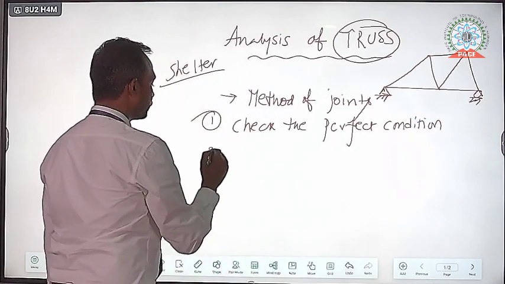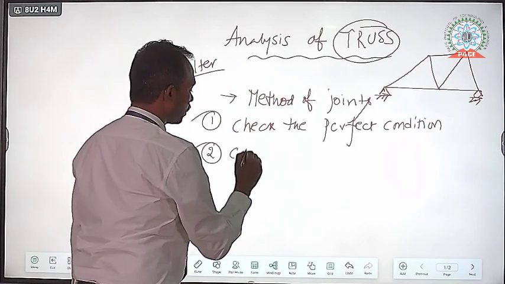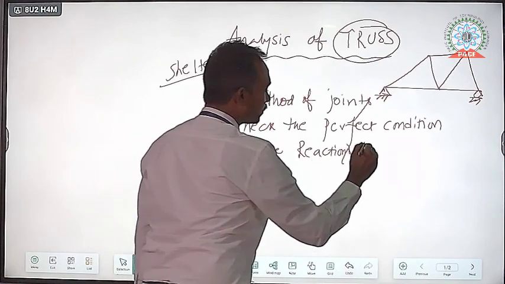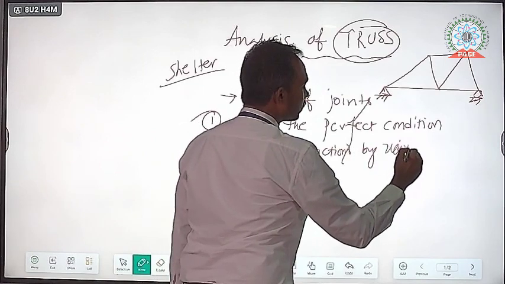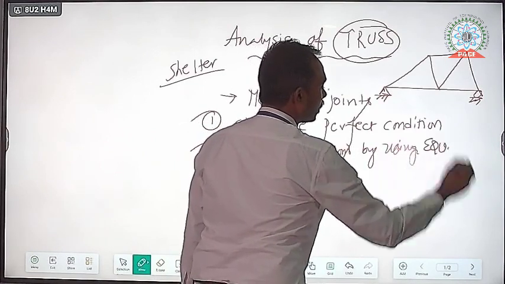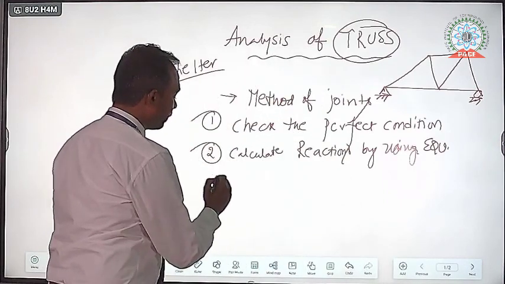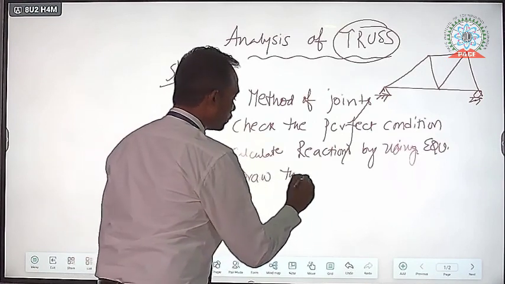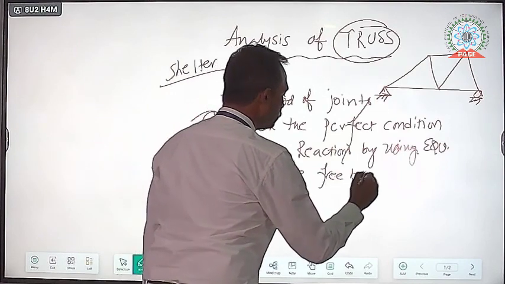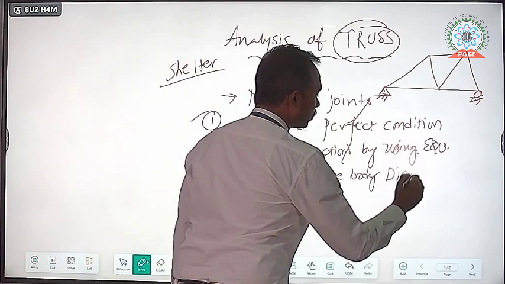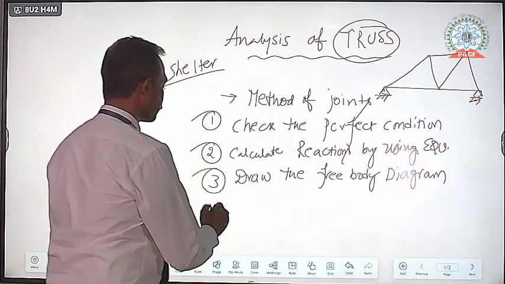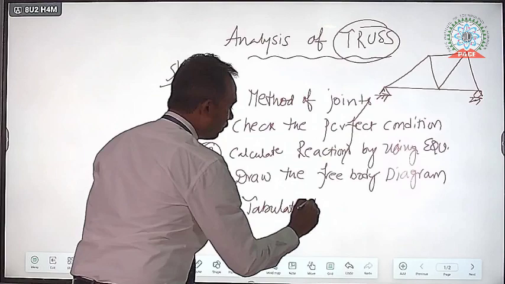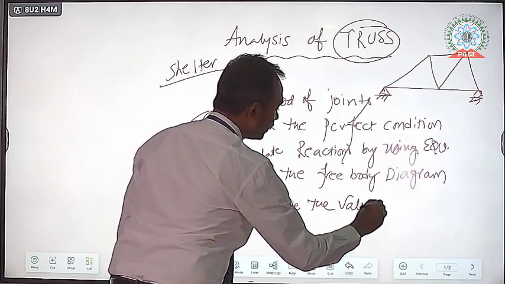And number two is calculate reactions by using equilibrium equations, and number three, draw the free body diagram, and number four, calculate the values.